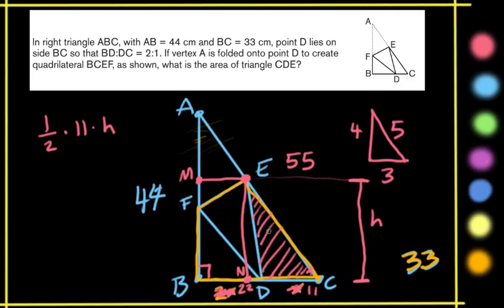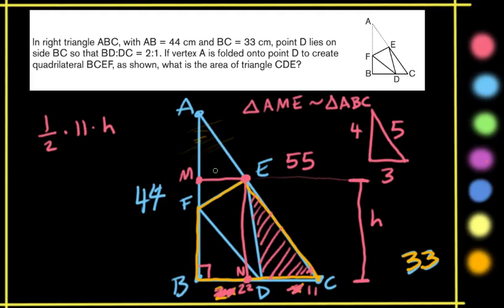So now we've got some similar triangles. We can say that triangle AME is similar to triangle ABC, which was our original right triangle in the 3, 4, 5 ratios. AM is 4/3 of ME because of this ratio.